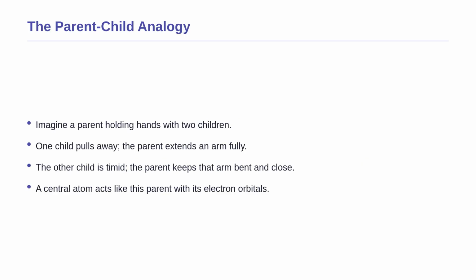Before we dive into the chemistry, let us picture a simple analogy. Imagine a parent holding hands with two different children while walking down the street. One child is very independent and constantly pulls away, so the parent extends one arm fully outward. The other child is timid and prefers to stay tucked in close, so the parent keeps that arm bent and near their body.